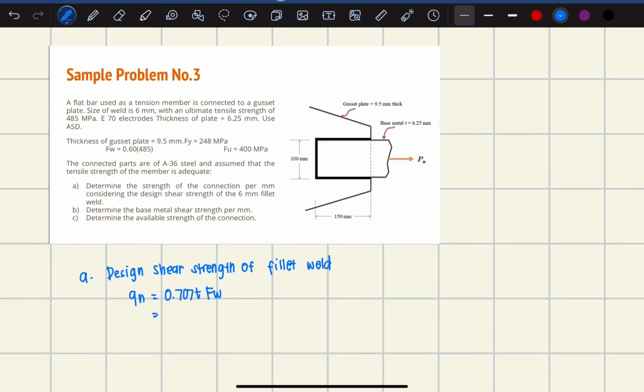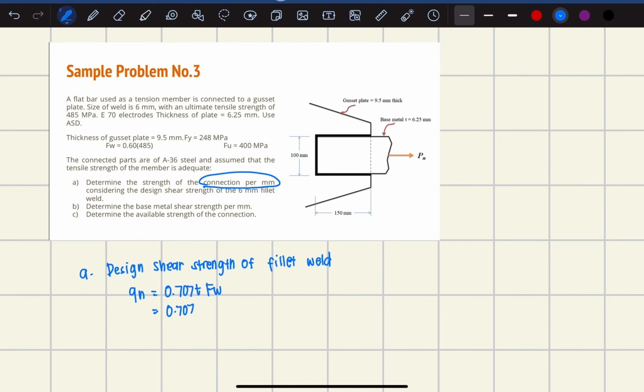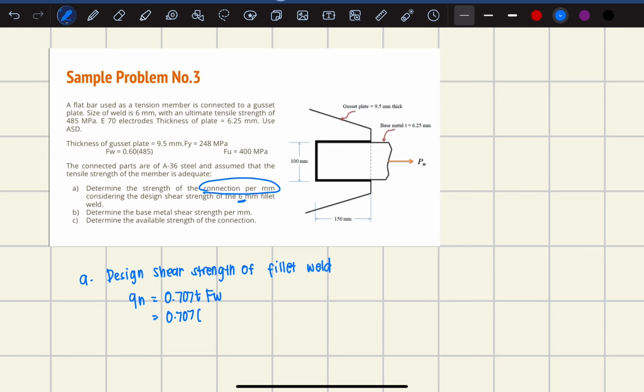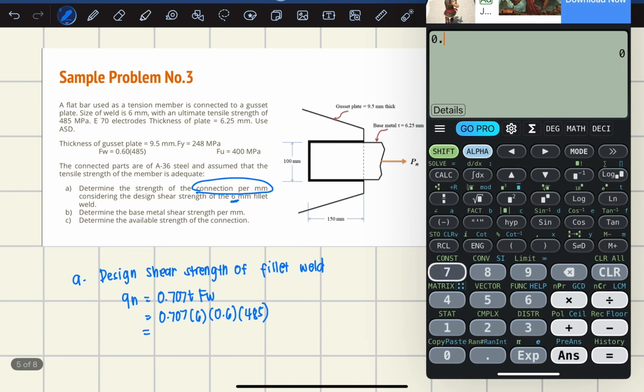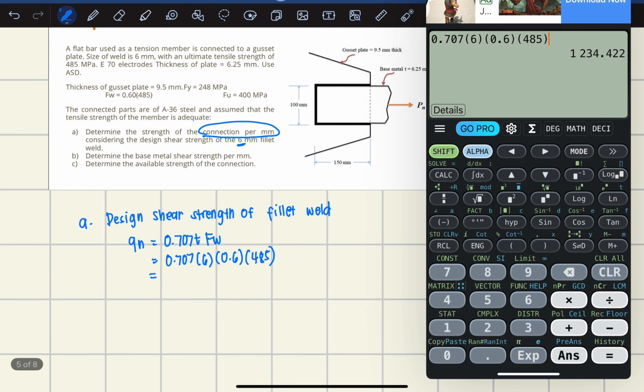Kasi malinaw na hinihingi is yung strength connection per mm. So, 0.707 times the thickness of 6 mm times Fw na 0.6 times 485. Sagot natin is 1,234.422 Newton per mm.